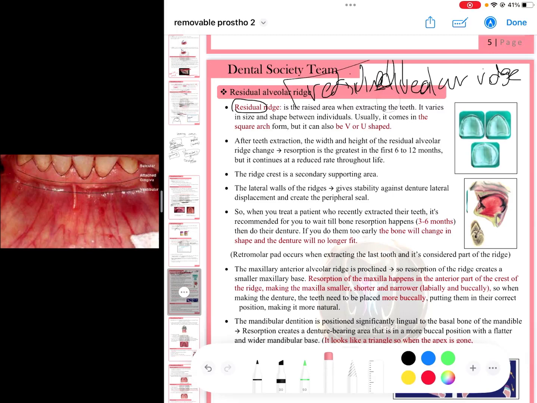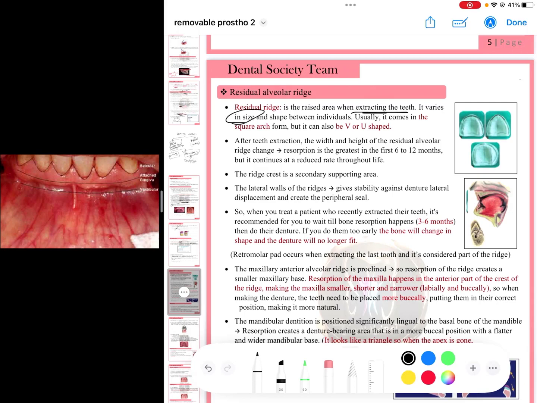It's what is still there, what has remained after extraction. So it is the raised area left when extracting a tooth.